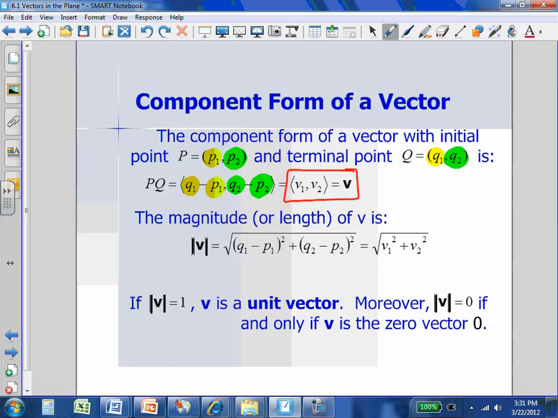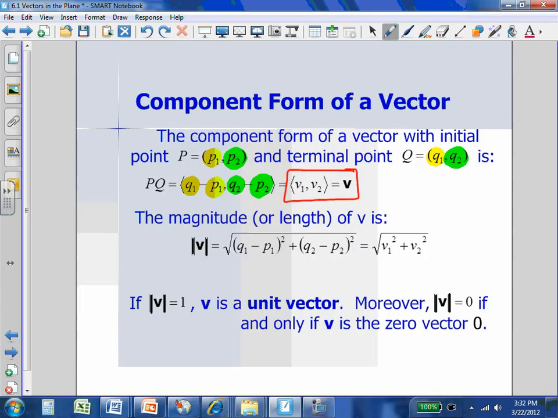So there's the official component form of our vector. It has that initial point, it has the terminal point, and basically this one tells exactly how far and what direction it goes. That's a vector.